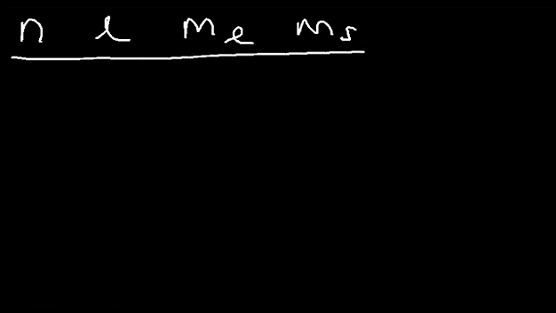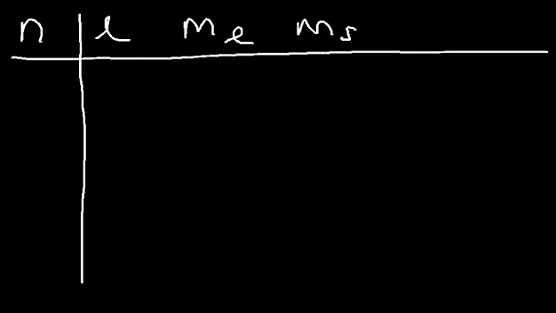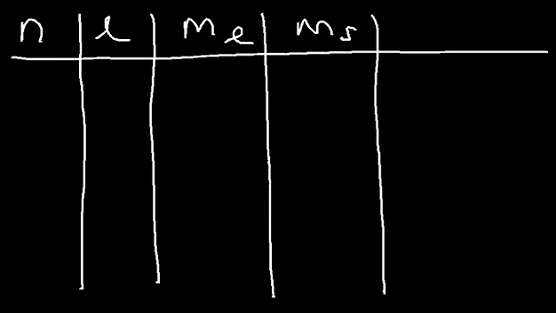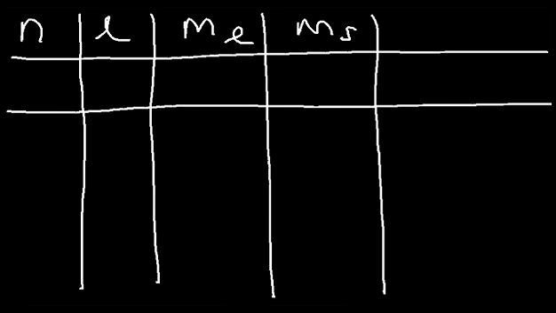Now the last topic of interest is determining if a set of 4 quantum numbers is allowed or unallowed. So let's say n is 3, l is 2, ml is -1, and ms is +0.5.